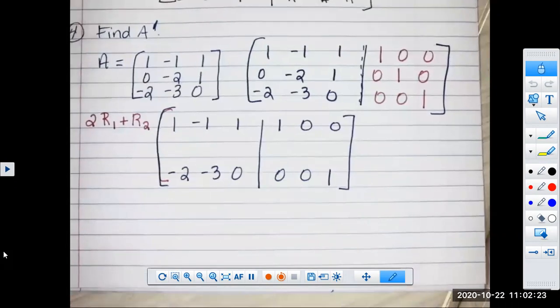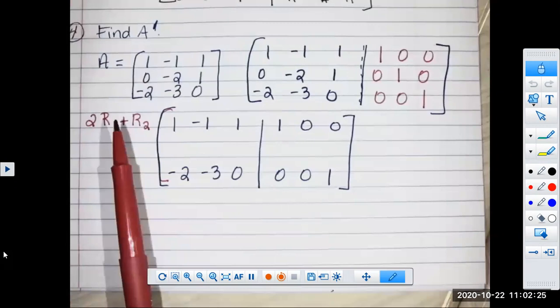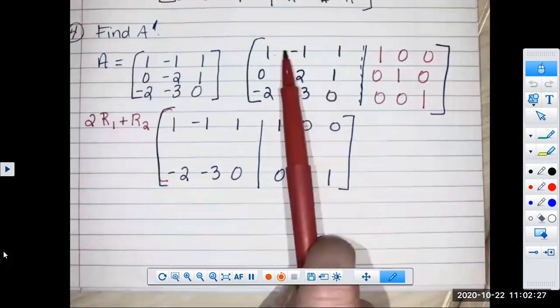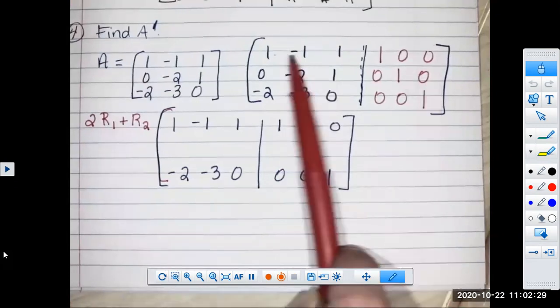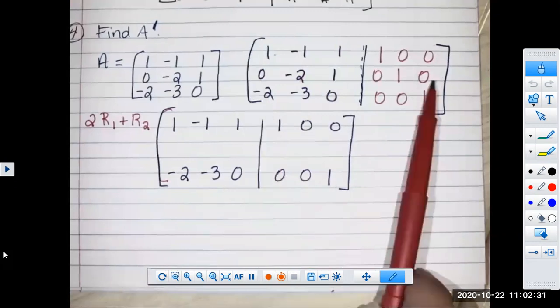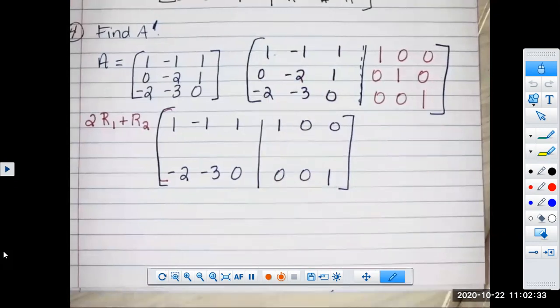All right, so do this in your head as you go. We're going to multiply every one of these numbers by +2 and add it to each of these numbers in row 1. I mean row 2. Sorry.